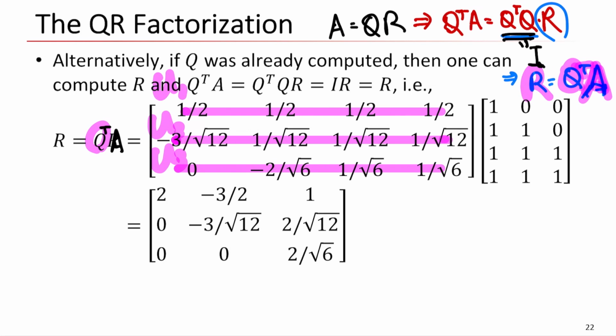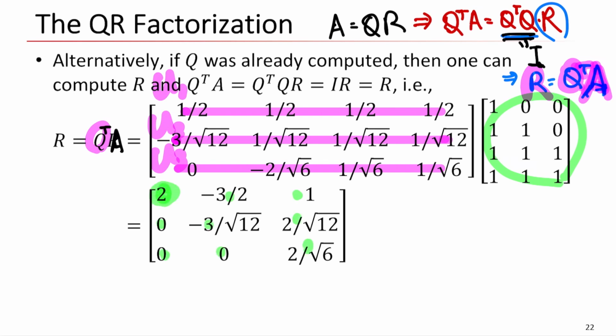Then the original A is here, right? So by computing the matrix multiplication between this Q transpose and A, we can easily compute each value, right?